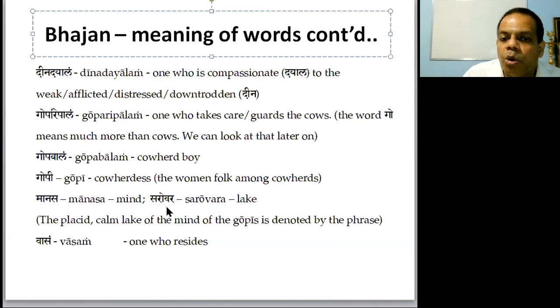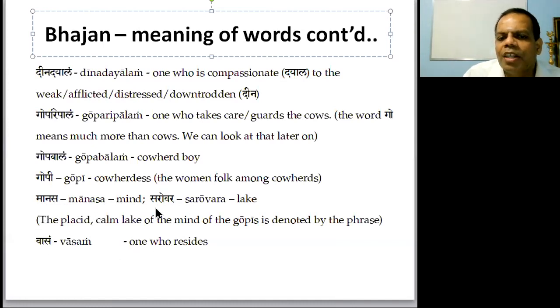Sarovara. Manasa Sarovara. Sarovara means lake. Saras itself means lake. Sarovara actually means the best of all lakes.